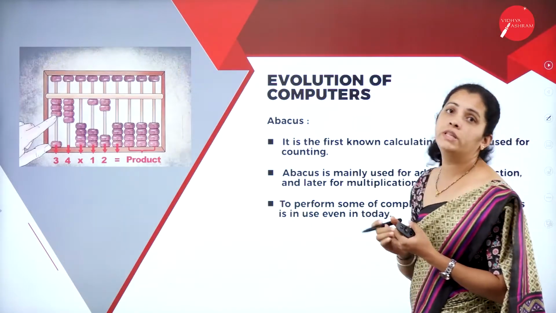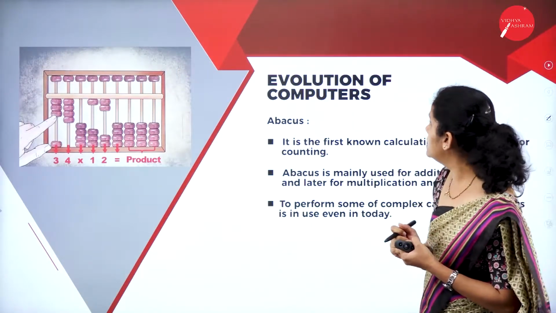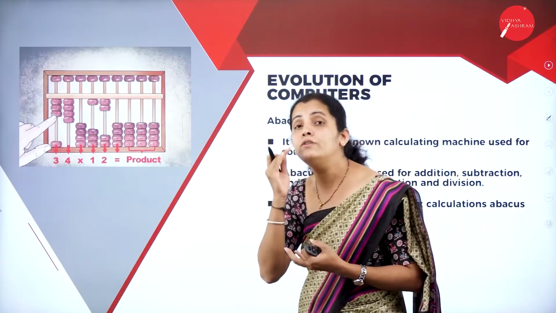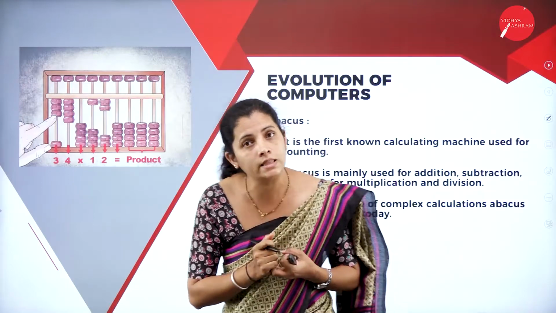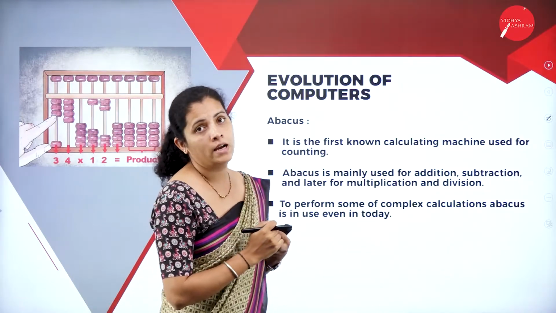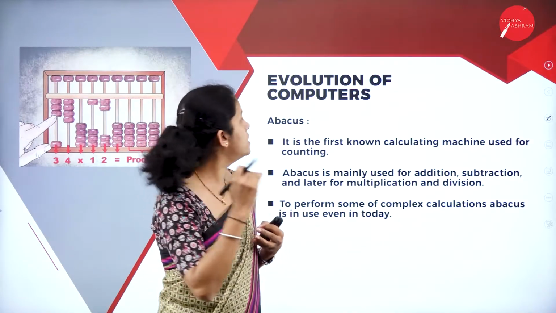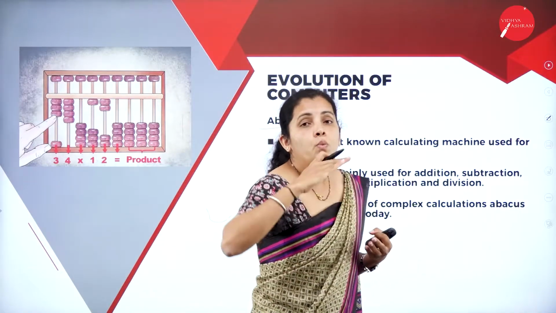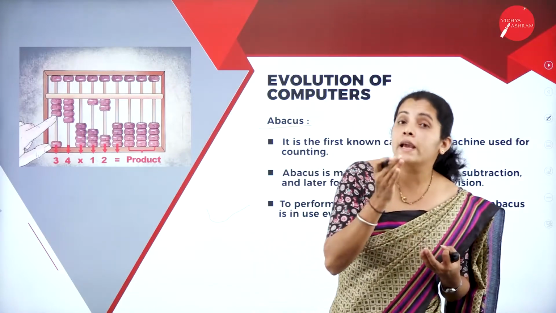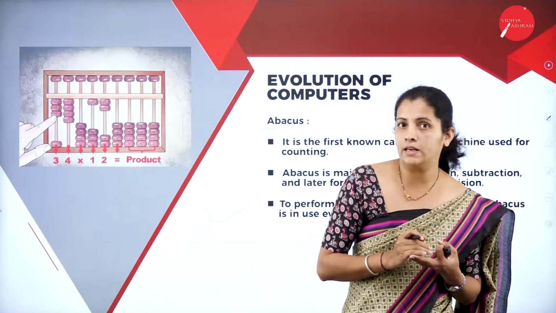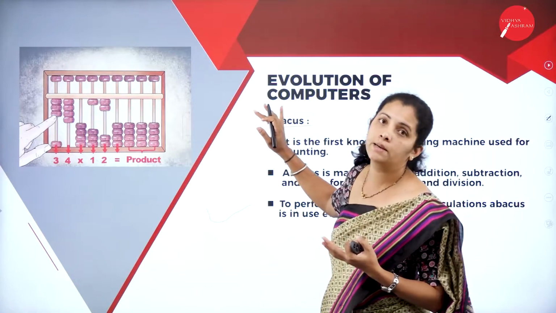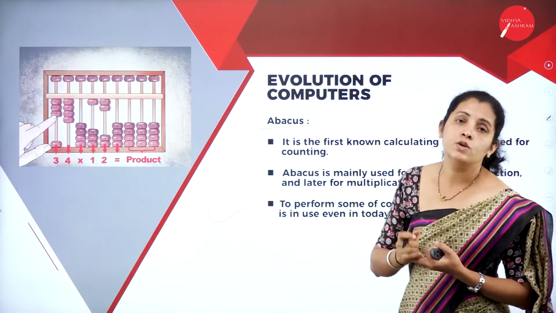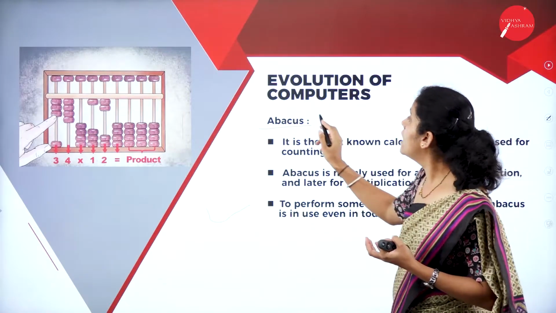Moving directly to today's topic, that is the evolution of computer system. The evolution of computer system is nothing but the history of computer system. So at the beginning we are going to have the abacus. So what is abacus? Where can we find the abacus? Abacus is nothing but a calculating device. Till nowadays we can find the abacus.